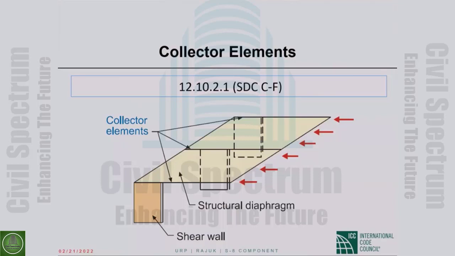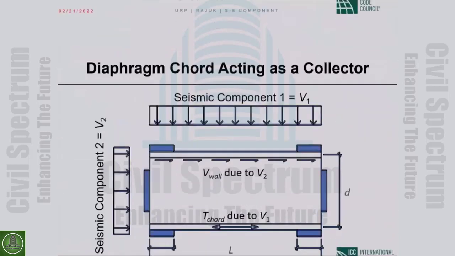Yes, concrete is strong in compression, but if the compression becomes high beyond a certain threshold, concrete needs to be confined. So there are provisions in ACI 318 that require us to very tightly confine the collector element, particularly at splices and so forth. So you have to be mindful of the compression as well. It is not just the tension.